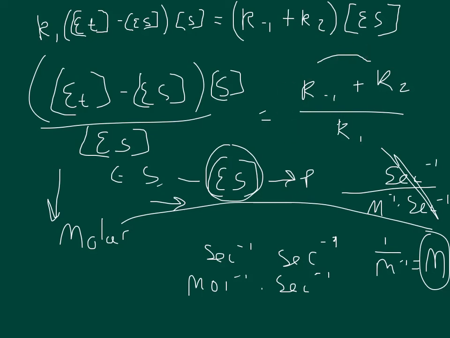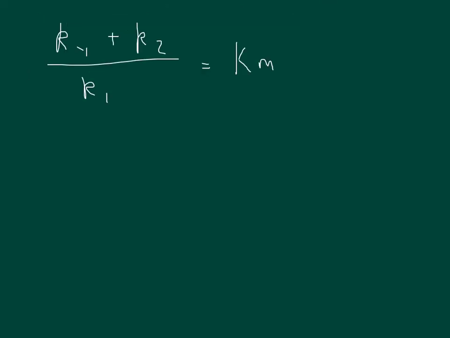This whole ratio has a special meaning in Michaelis-Menten kinetics. So notice first of all that these are all constants. This is a rate constant, this is a rate constant, this is a rate constant. And so the ratio of all of these constants gives us another constant called the Michaelis constant.